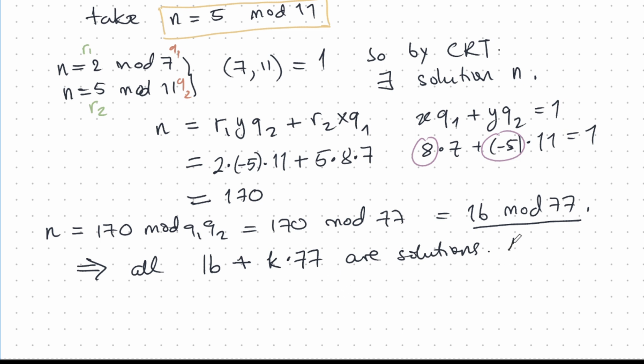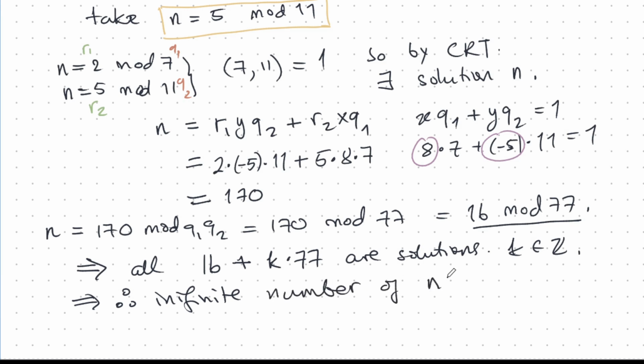Since k is any integer, there are an infinite number of these n's. So we did it. We proved that there's an infinite number of n's such that 7 and 11 both divide 3n squared plus 2. Very beautiful proof. It's a surprising use of the Chinese remainder theorem.